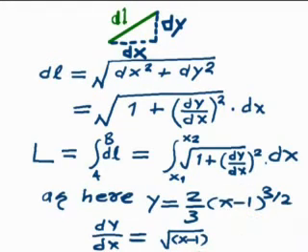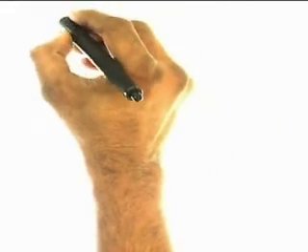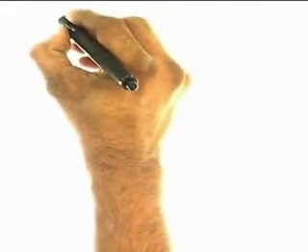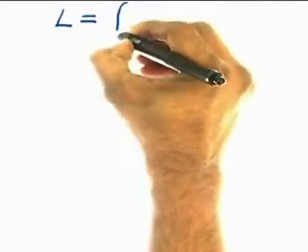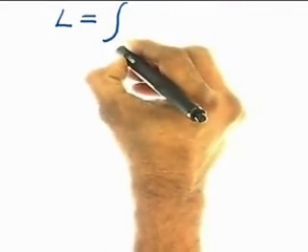By differentiating this equation, we get this result. So here we can write the complete length of the path starting from A to B as an integration.